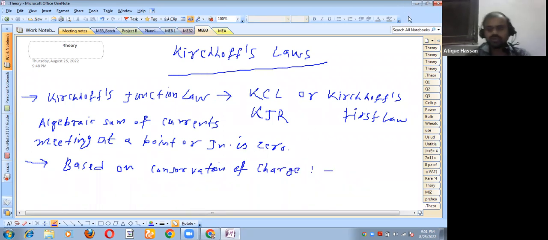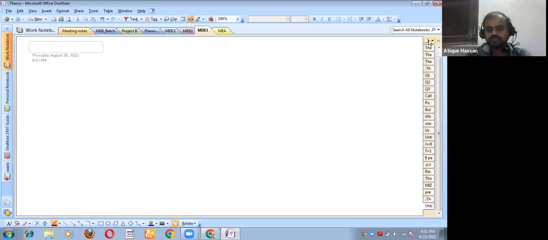So according to this law, if you see in the diagram like this, we can understand it like this.